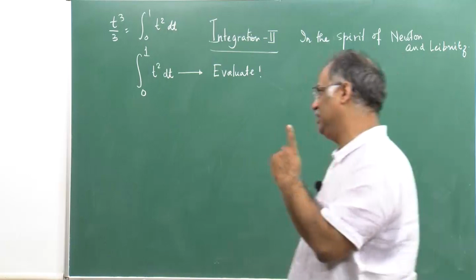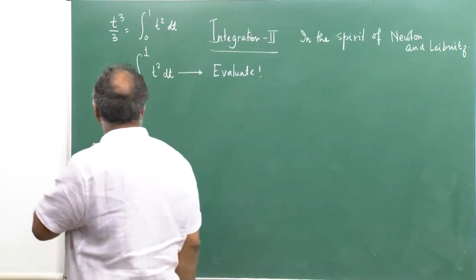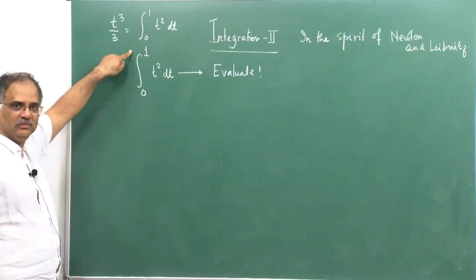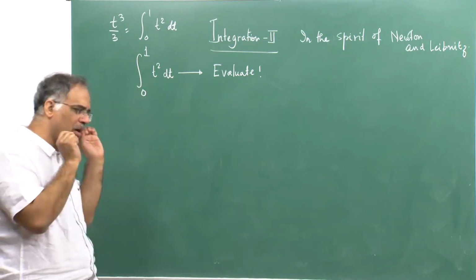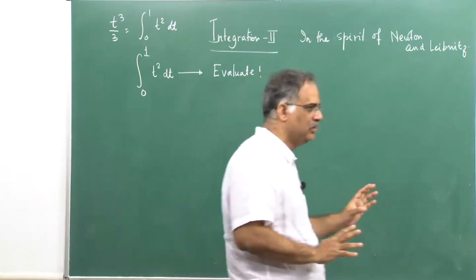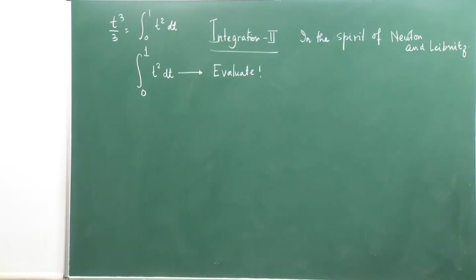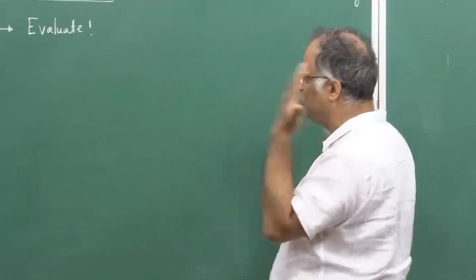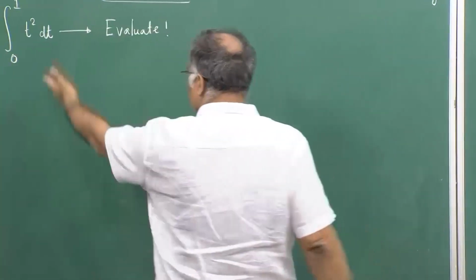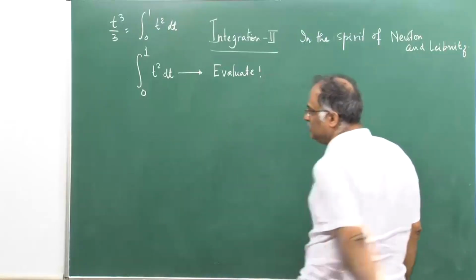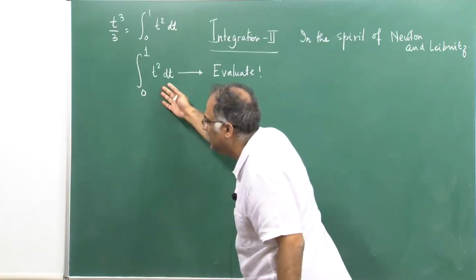Please understand that we have not yet introduced the antiderivative. We have not introduced many other things. We are in a primitive state of affairs, possibly in that very old classical setup, where we are simply telling that this is a number, this is an area, this is just a symbol of that number.